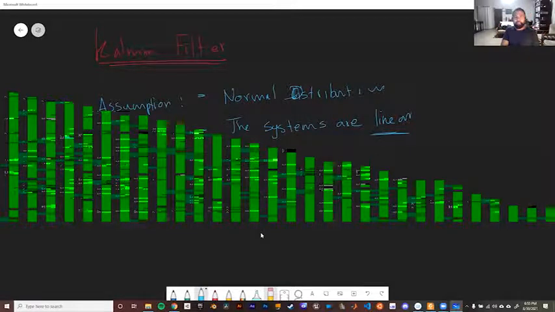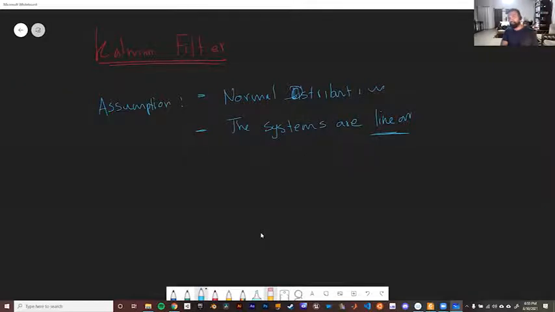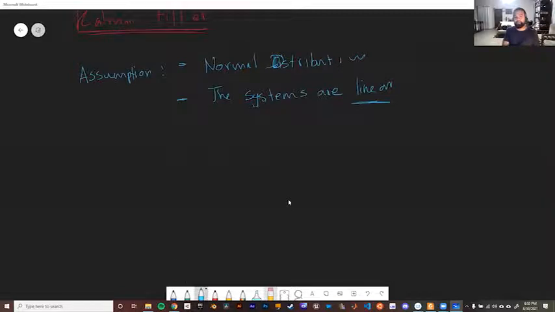Okay. All right, so let's talk about the Kalman filter now, right? Before moving into the Kalman filter, let's talk a little bit about localization and what we're trying to do in this case, right? So we are trying to estimate the pose of the robot.